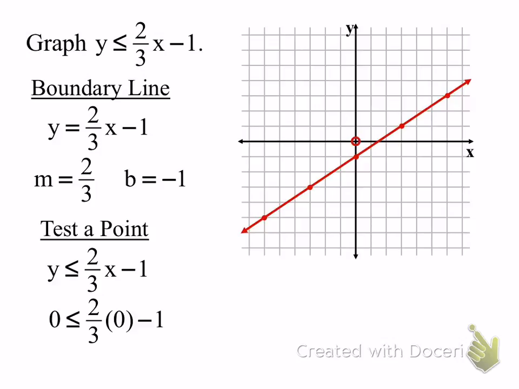And we plug it into the inequality, and we make a judgment based on whether it's a true statement or a false statement when we simplify it. So when we simplify this, what does it become? 0 is less than or equal to negative 1. Good. Is that a true statement or a false statement? False.